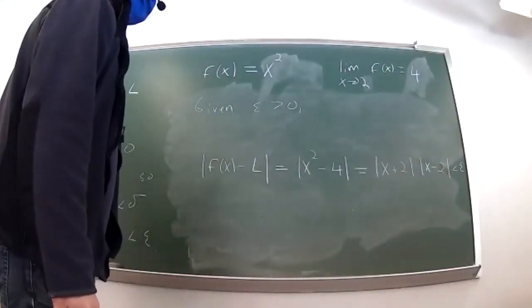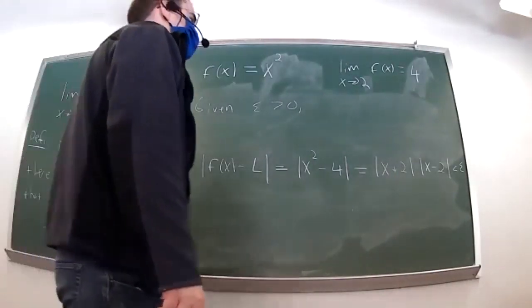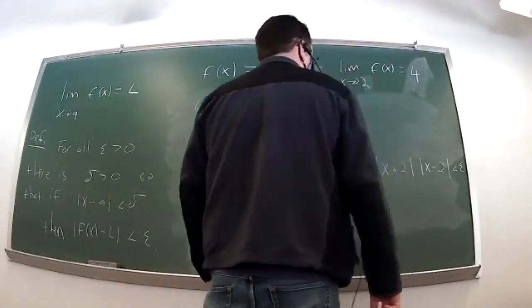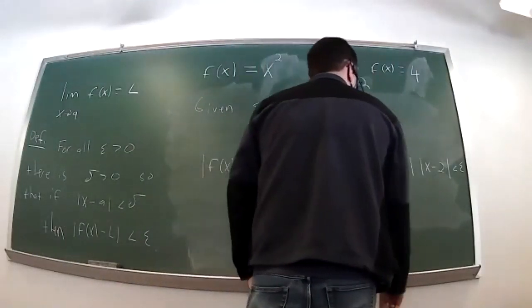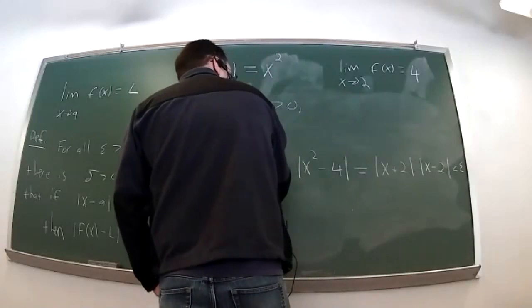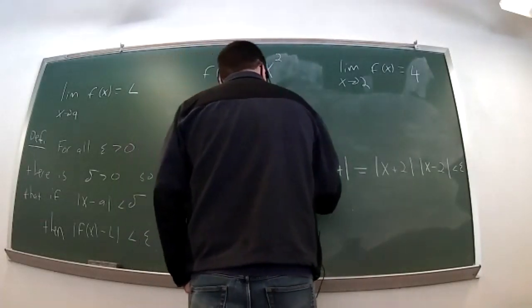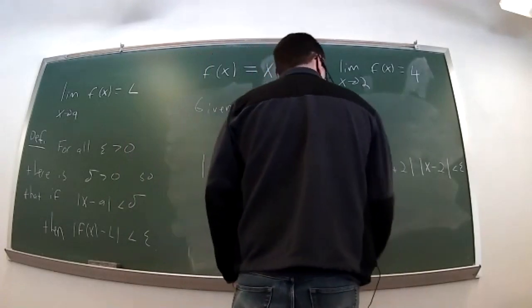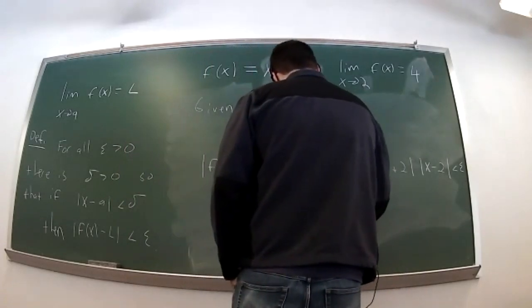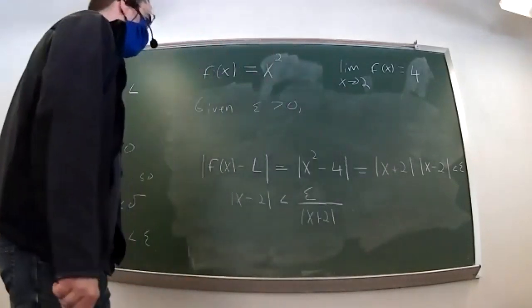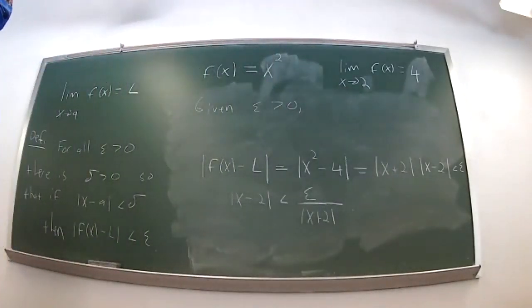And so you might say, okay, let's take a note from the last exercise and divide through by x plus 2. And so then you're going to get that the absolute value of x minus 2 is less than epsilon over the absolute value of x plus 2.